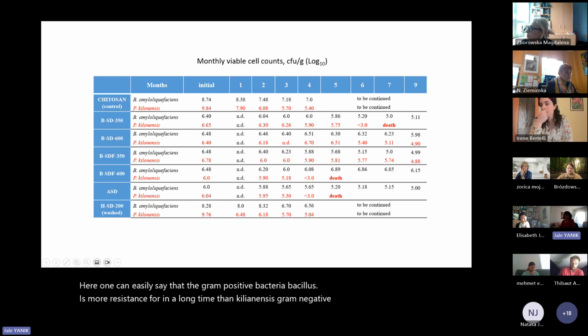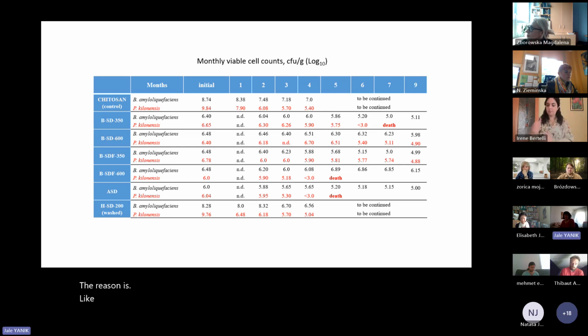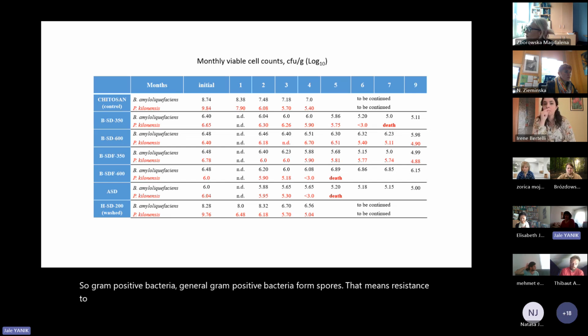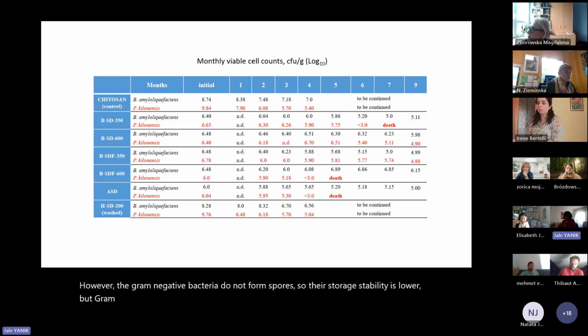The reason is that gram-positive bacteria generally form spores. That means resistance to drying, low nutrient conditions, and other stress conditions. However, the gram-negative bacteria do not form spores, so their storage stability is lower. But gram-negative bacteria show good activity.